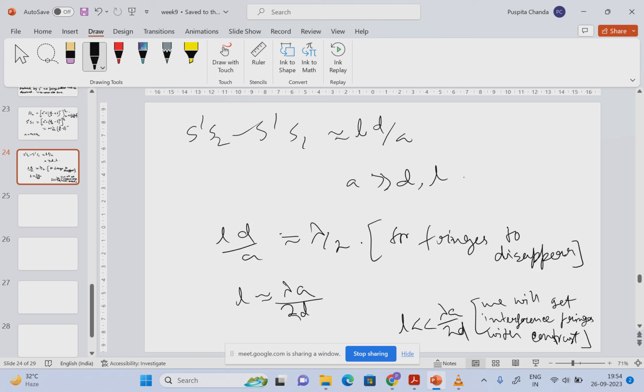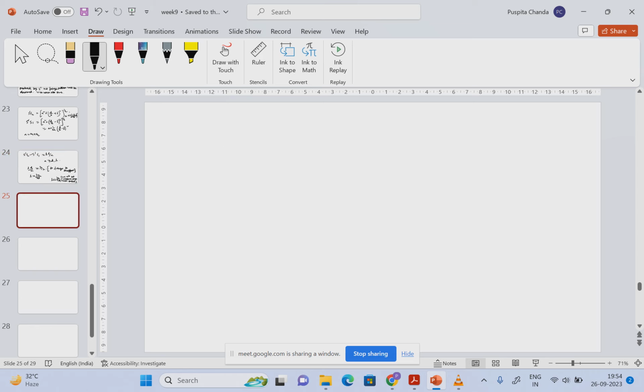Here we have assumed that S and S dash are two different sources. But we can also assume that S and S dash are part of an extended source, that S is extended.